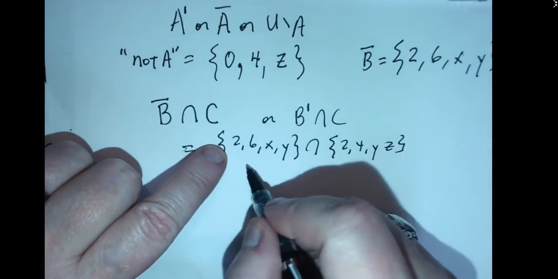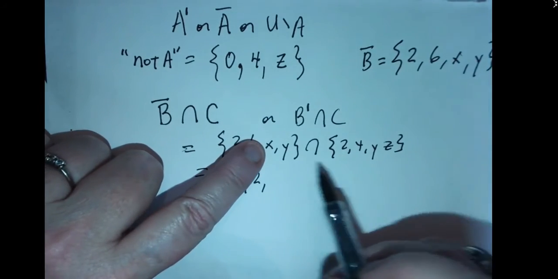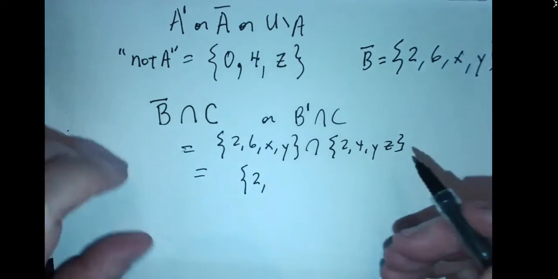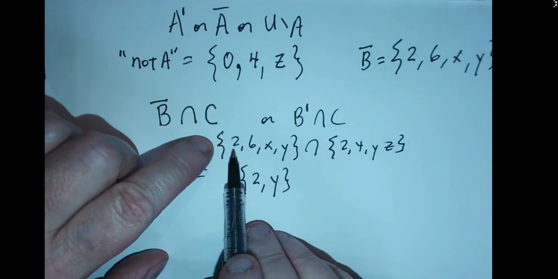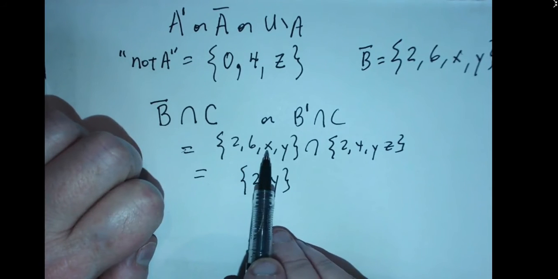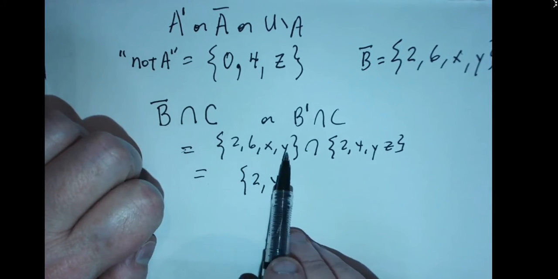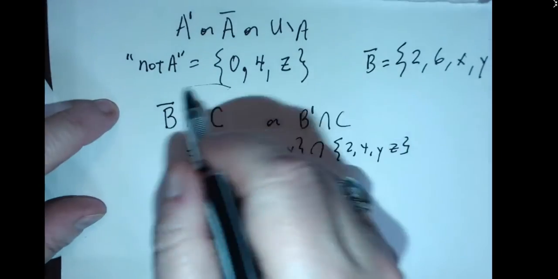Well, they have a 2 in common, no X, and they have a Y in common. So again, you can go through one of them. All right, they do have a 2 in common, not the 6, not the X, but they do have a Y in common. As soon as you go through one set, you're done. And so that's the answer to this one.